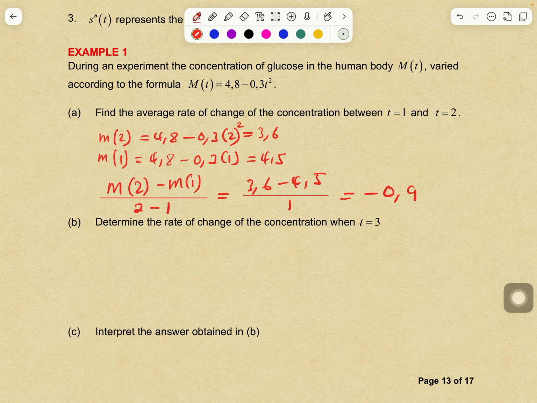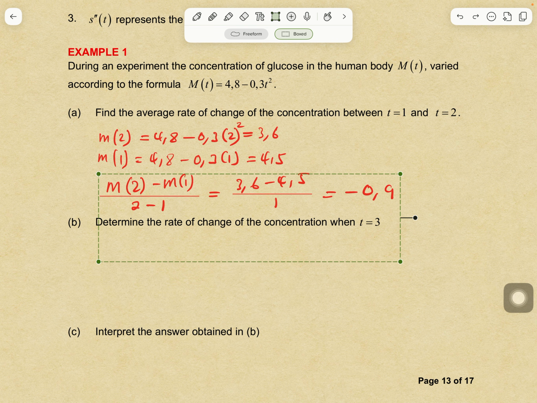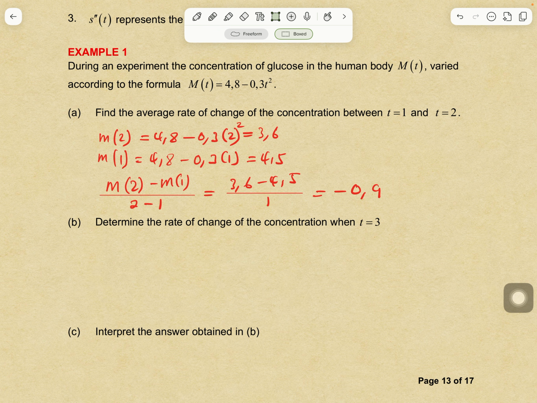Now, this is the average gradient. Now determine the rate of change of the concentration when T is equal to 3. Again, it's not that bad. Remember I said the rate of change simply means the first derivative.